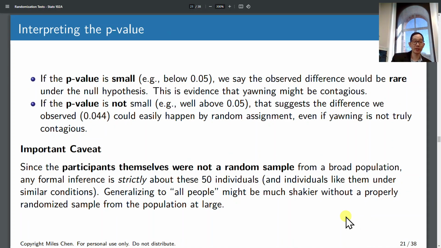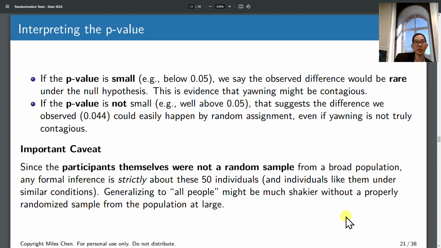Okay. Now, when we arrive at our p-value after doing our work, if that resulting p-value is small, less than 5%, we would say that the observed difference we got would be considered a rare outcome if the null hypothesis were true.